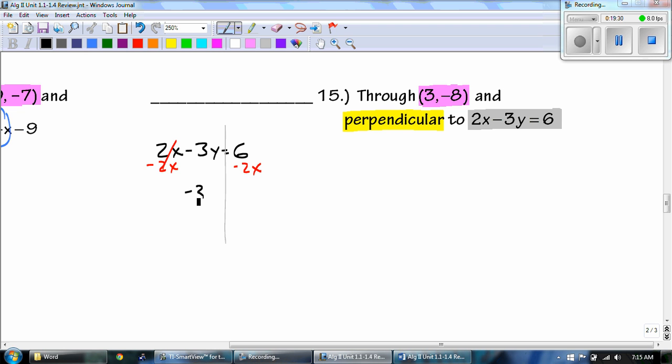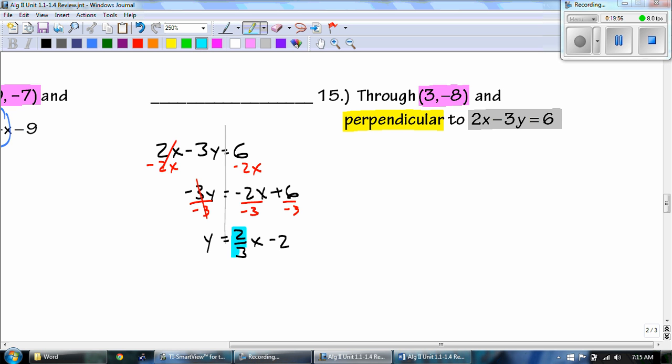I've got -3y equals, whoops, what am I writing? -2x plus 6, and divide by -3. So a negative divided by negative would make that a positive 2/3 x, and 6 divided by -3 is -2.